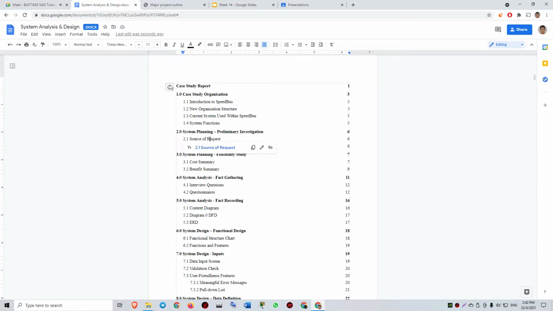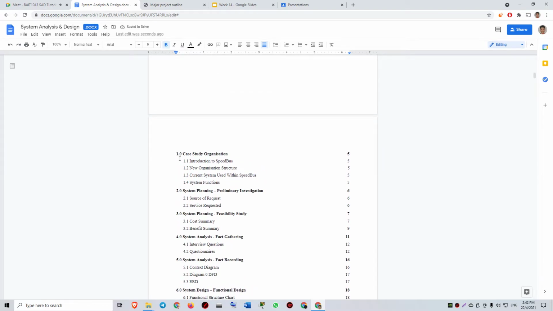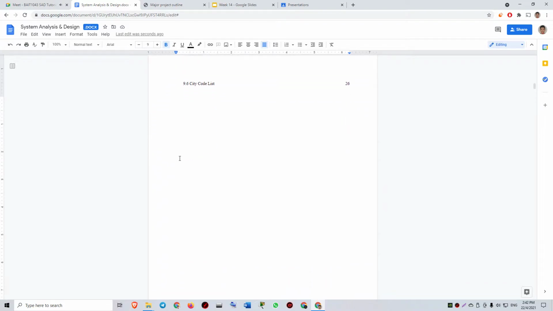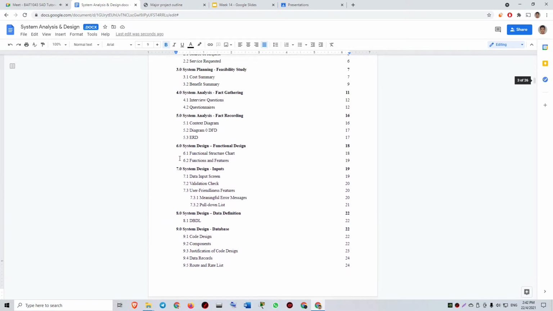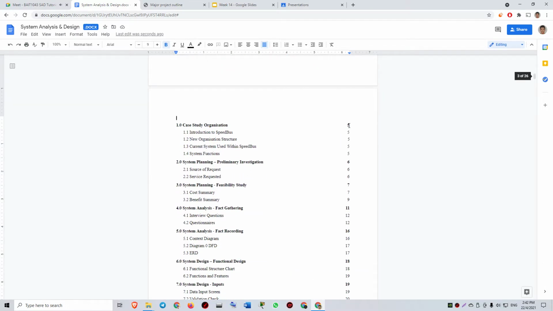And then for the next question, you need to show, using DBDL, the data attributes for payment and invoice, with the PK and foreign keys. So for payment, we can have the payment number.